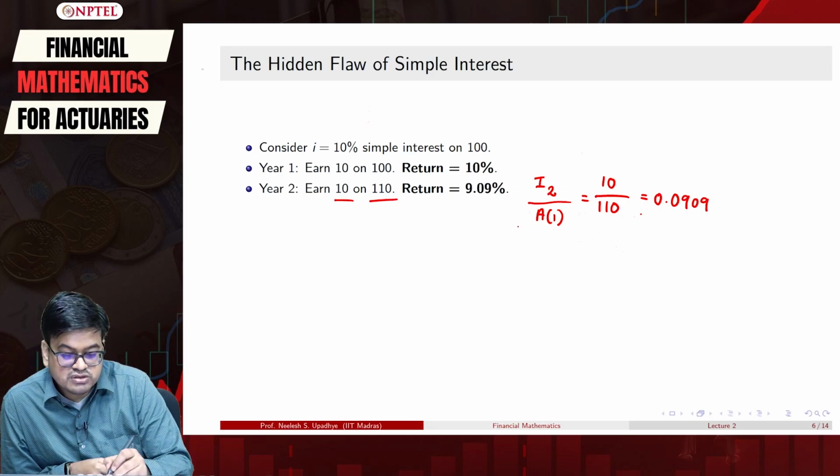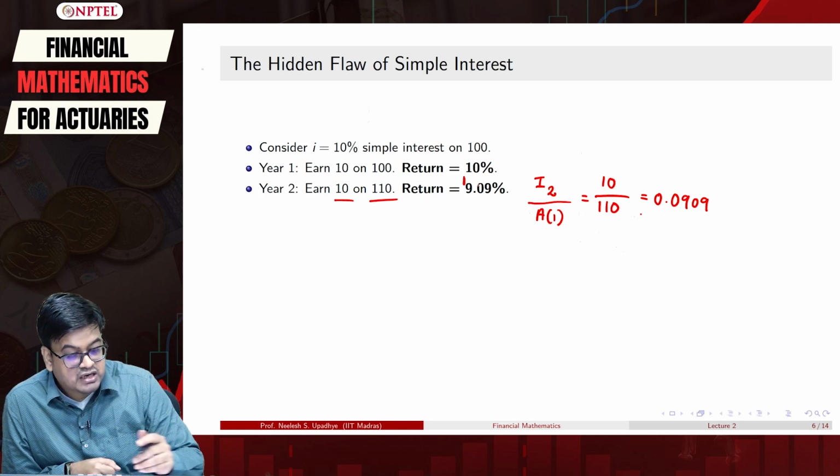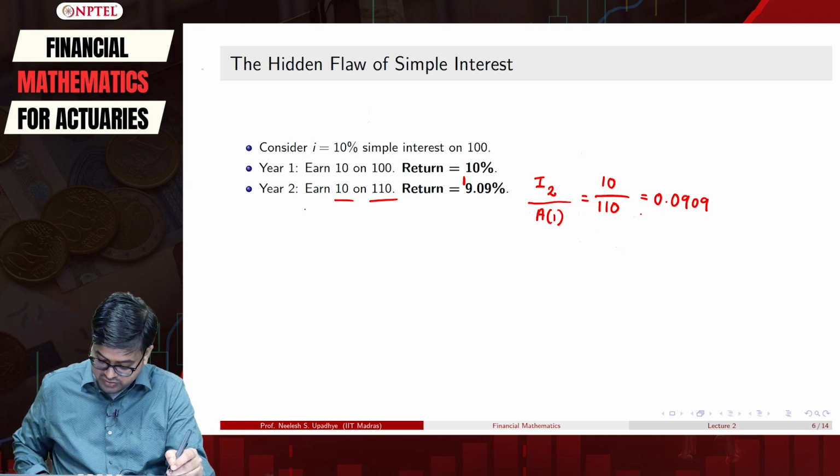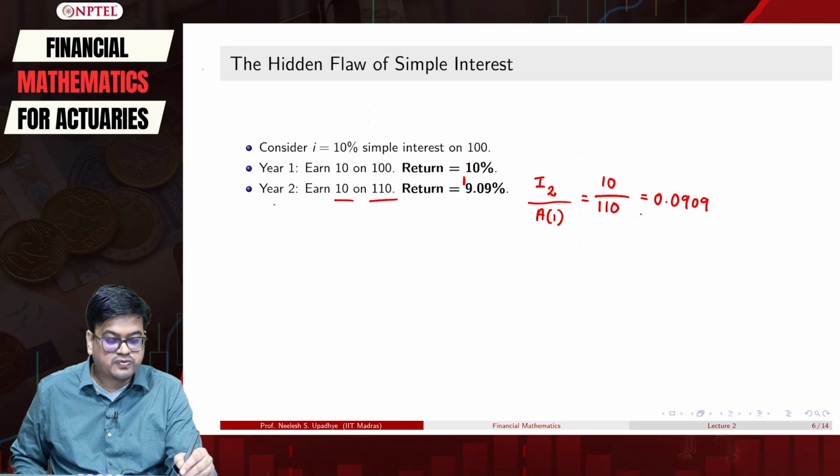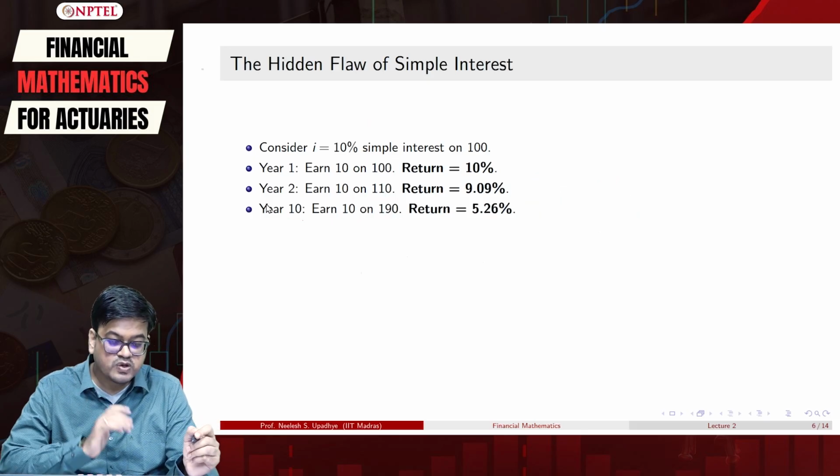Okay, so now you see there is a clear-cut problem here that you are earning less. Now I will reveal the stark difference. Fast forward this calculation to year 10. What happens?